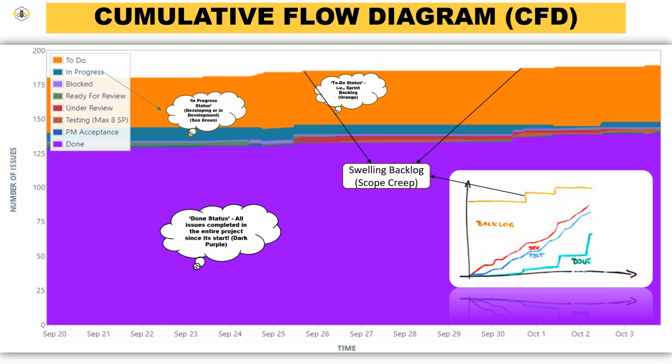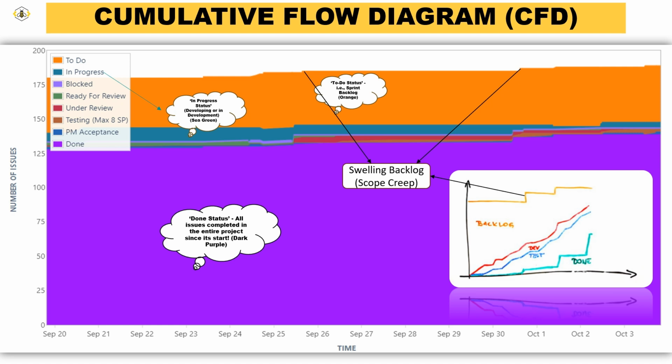Imagine you're halfway through the sprint and the product owner keeps adding new stories for enhancement. This causes the backlog to swell, making it harder for the team to stay focused on their original sprint goals. The CFD will show a sudden rise in the backlog band, indicating more items are being introduced mid-sprint.